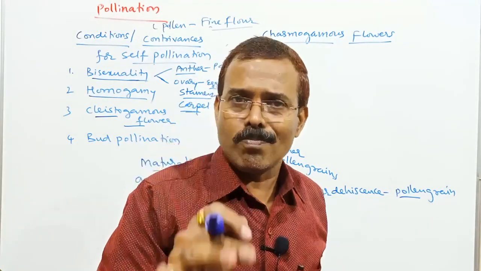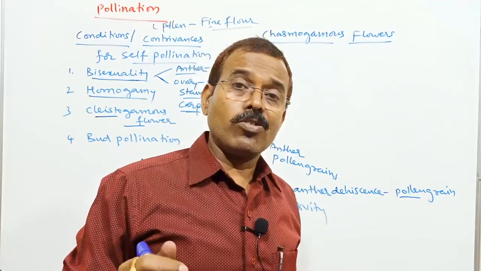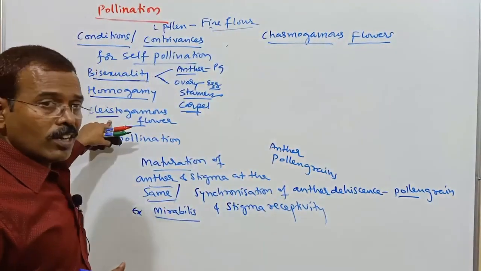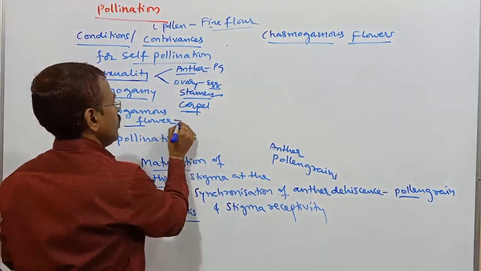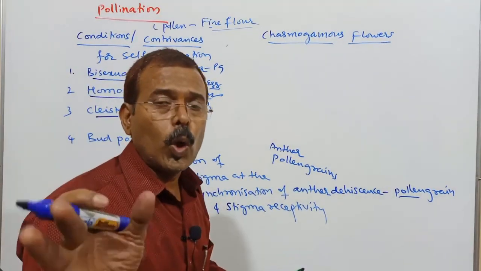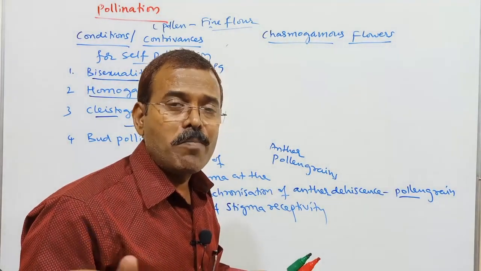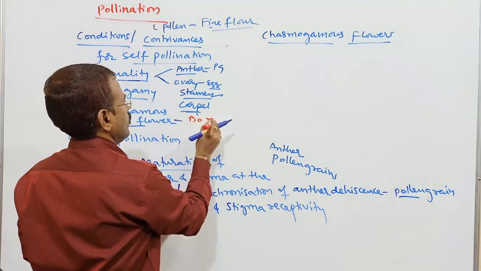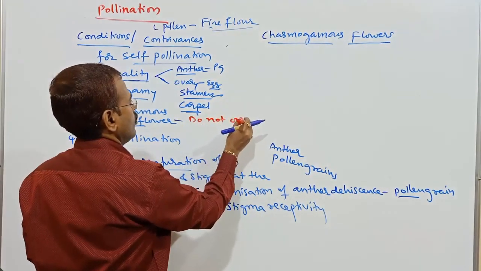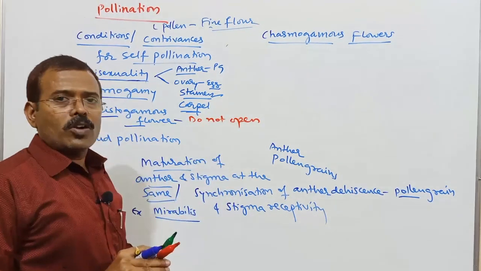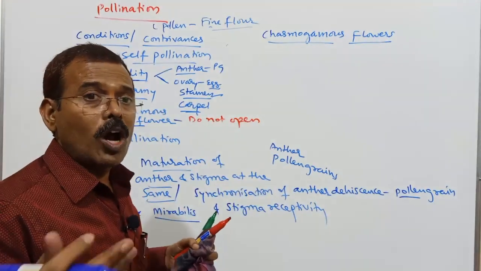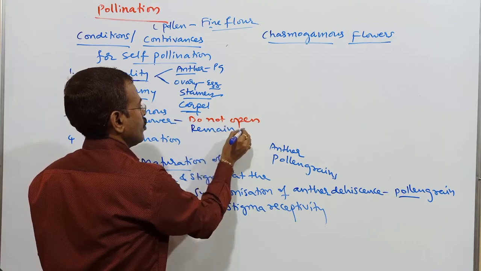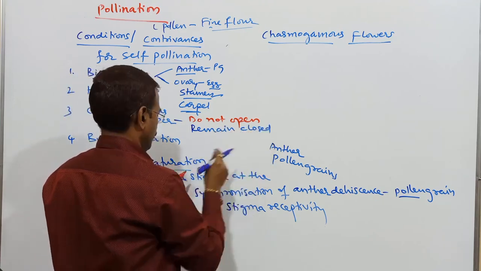There are some plants which produce clistogamous flowers also. Clistogamous flowers means these flowers do not open, they remain always closed. The flowers which do not open, they remain closed.